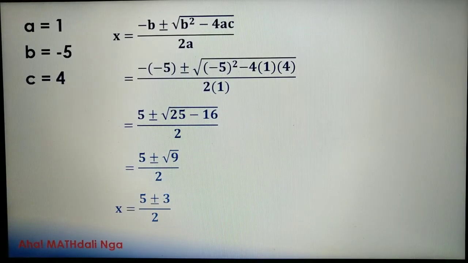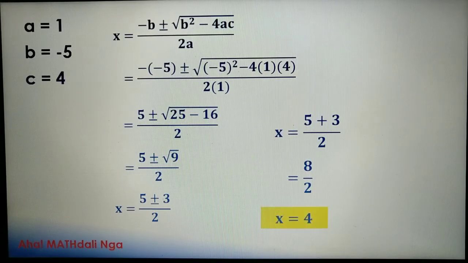Now, let's find the two values of x. This time we will use positive 3. So we have x is equal to 5 plus 3 all over 2. Then we will continue solving. We have 5 plus 3 is equal to 8 over 2. 8 divided by 2 is equal to positive 4. So this is the first value of our variable x.